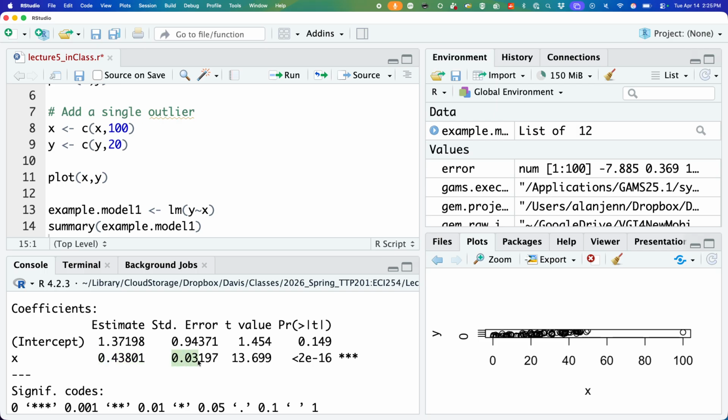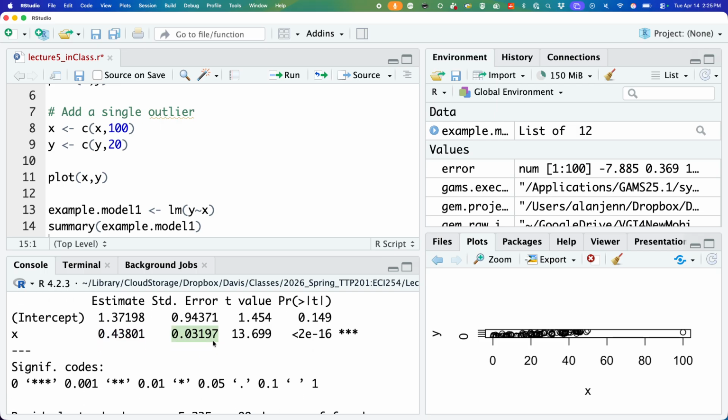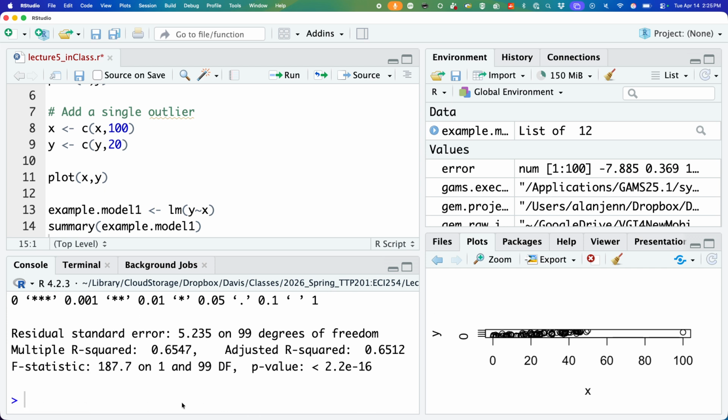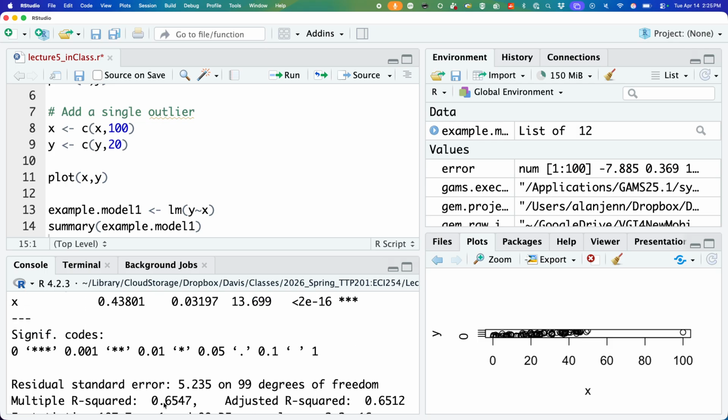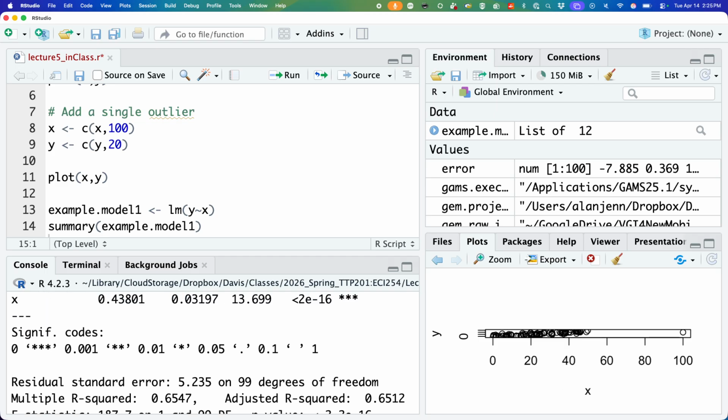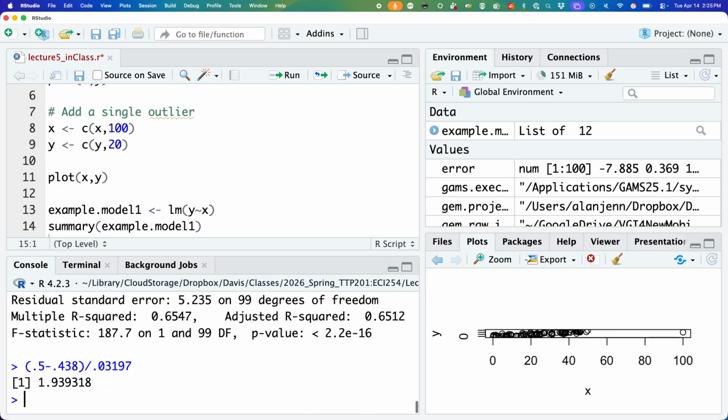And notice that the standard error is 0.03197. So it's definitely saying that there's a slope, but how statistically different is this from the true value? Well, we could do 0.5 minus the slope 0.438, divided by the standard error of 0.03197.